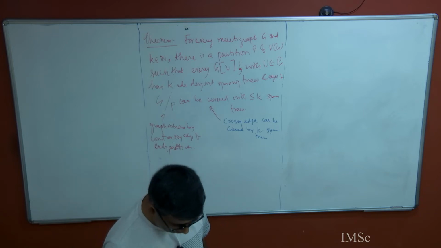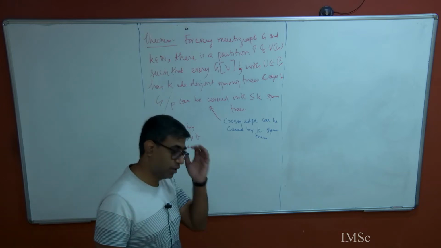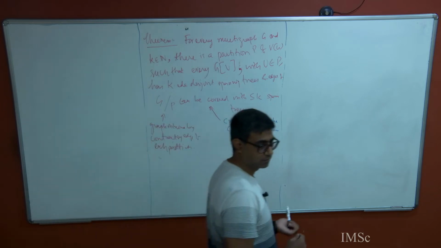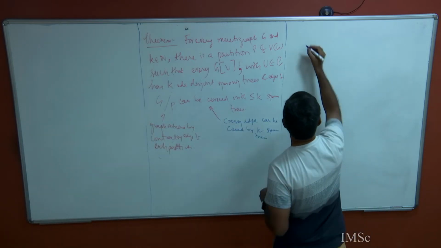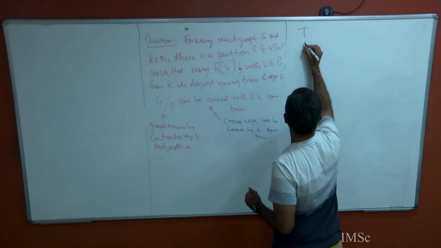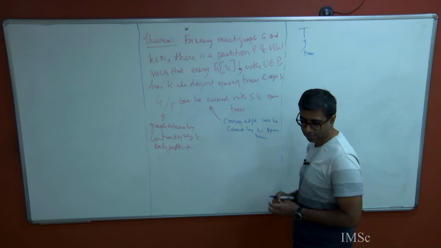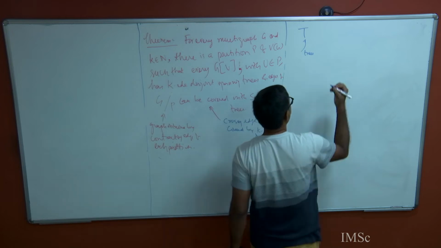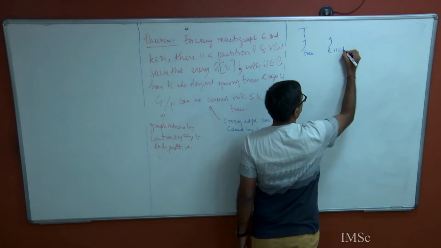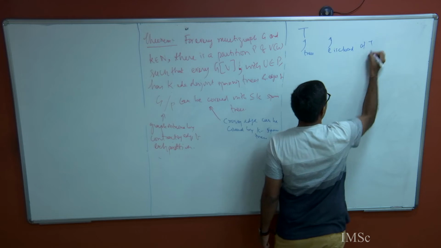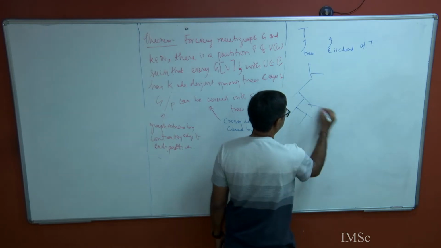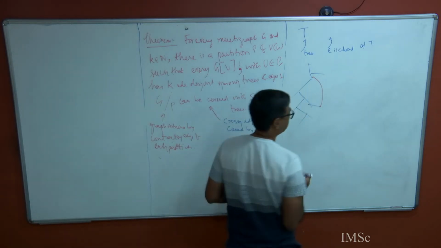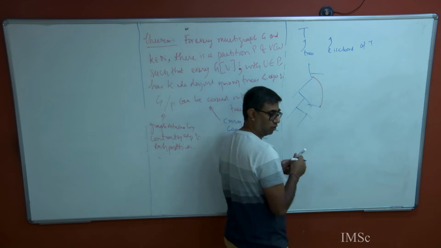Okay, so let's set up some notation, and this kind of notation you have seen being used quite a lot. Suppose you are given a tree. An edge e is a chord of T if it does not belong to T, and this unique cycle is called a fundamental cycle.